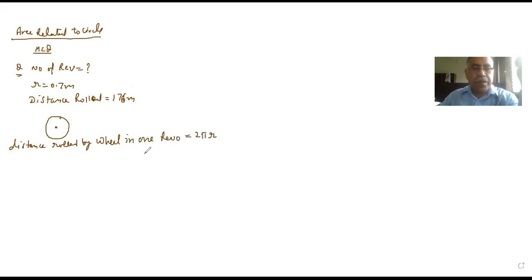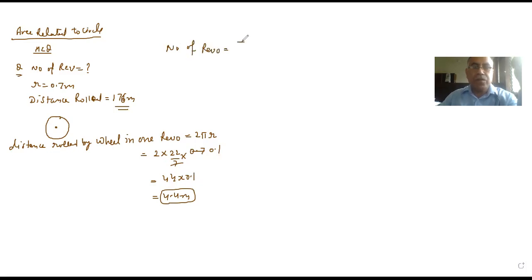So first, let me find out the distance rolled by this wheel in one revolution. This is 2 pi r. 2 into 22 over 7. What should be the radius? This is 0.7. So 4.4 meter is the distance rolled by the wheel in one revolution. So total distance is this. I want to get the number of revolutions.